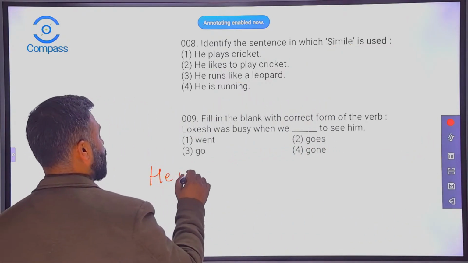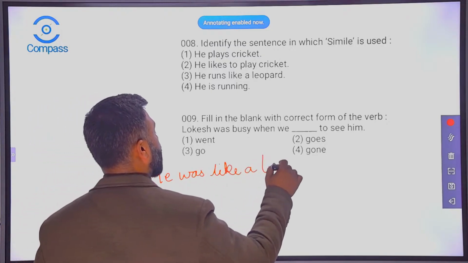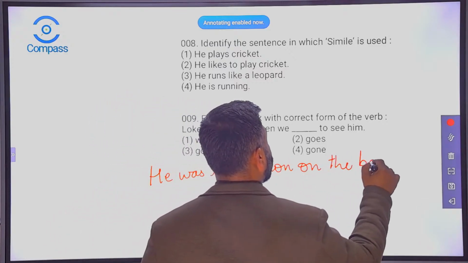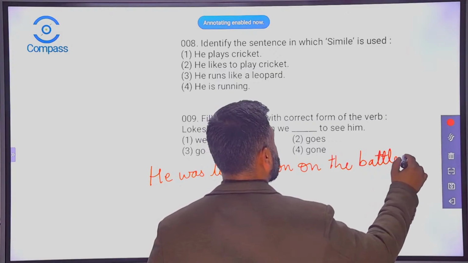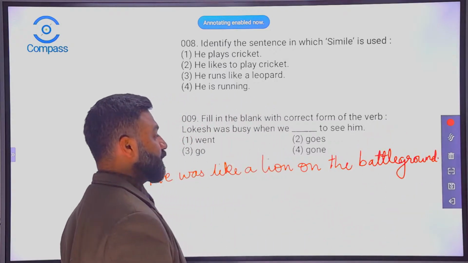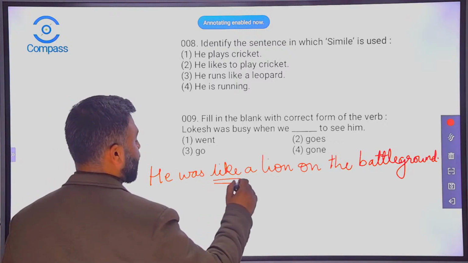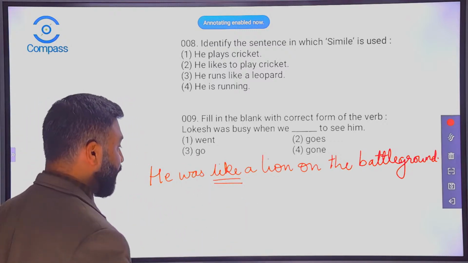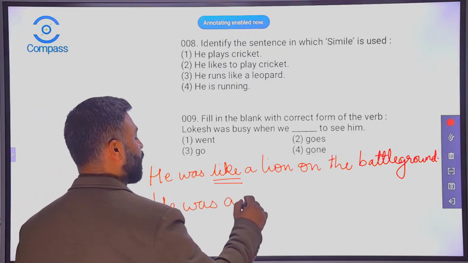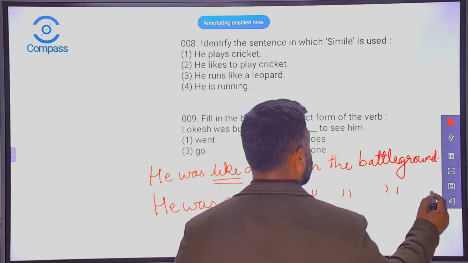He was like a lion on the battleground. So this is the sentence here. He was like a lion on the battleground. So like is the word in the simile, but the same sentence can be written like this: He was a lion on the battleground.